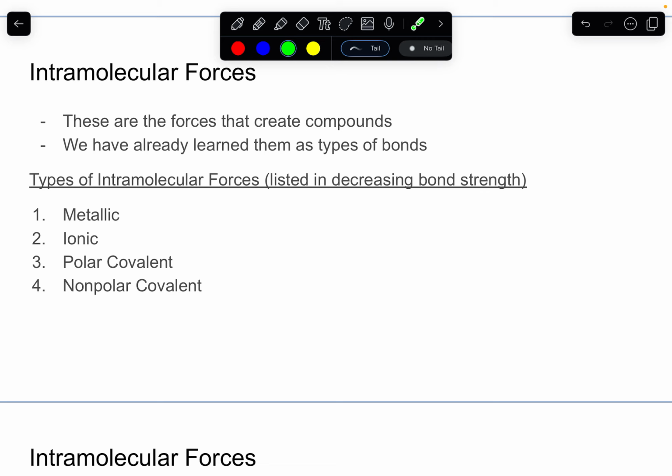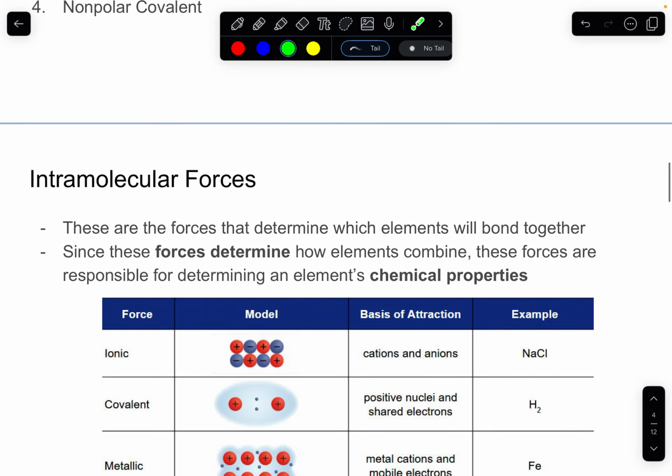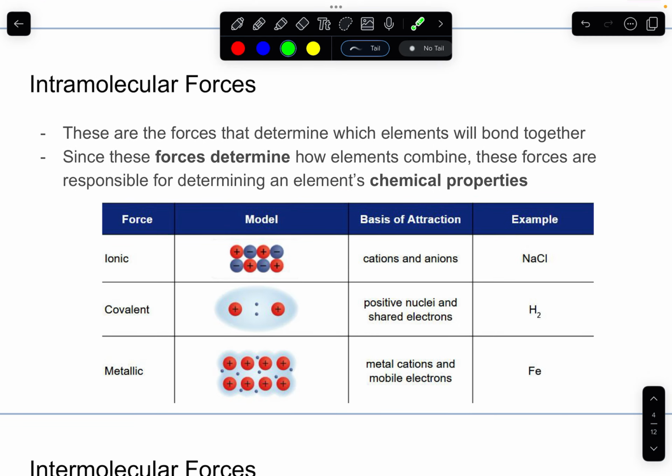All right, we're not going to focus too much on these intramolecular forces for these notes because, again, you should have already learned them. These intramolecular forces, they determine which elements will bond together. And we took a look at that with Lewis structures for bonding.